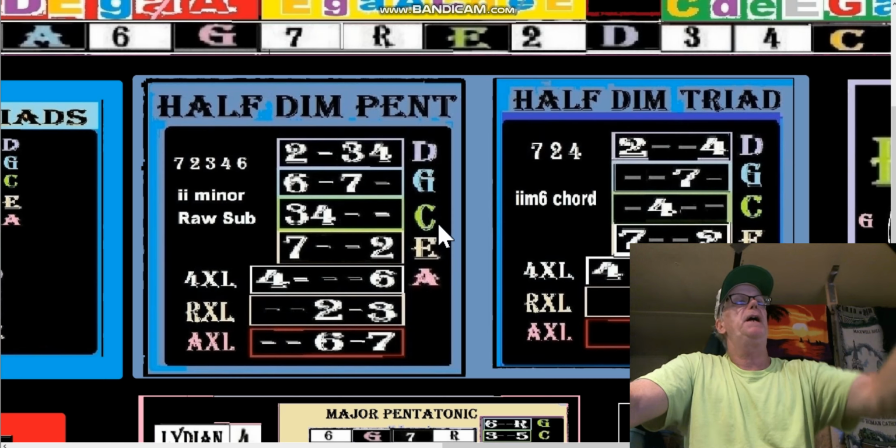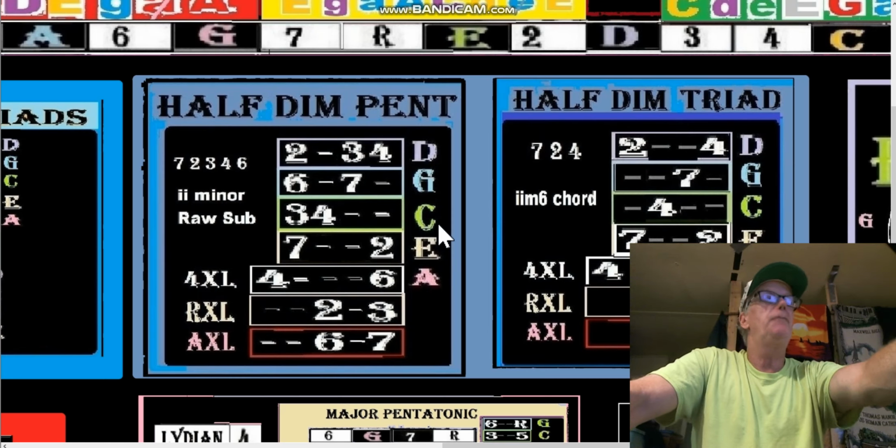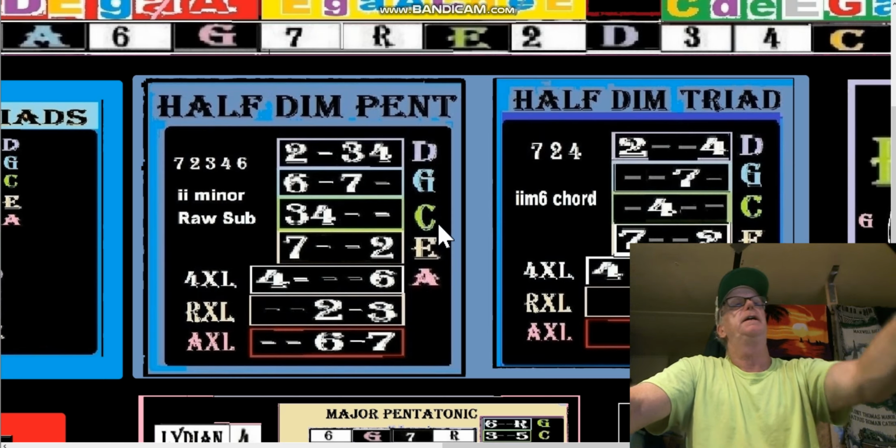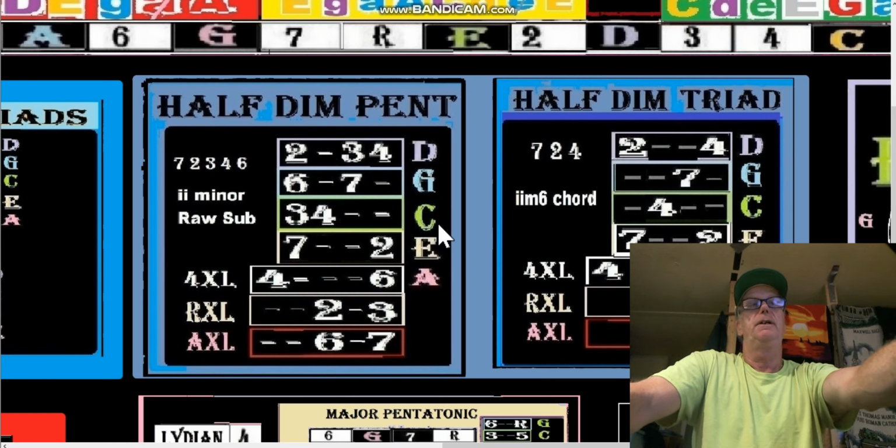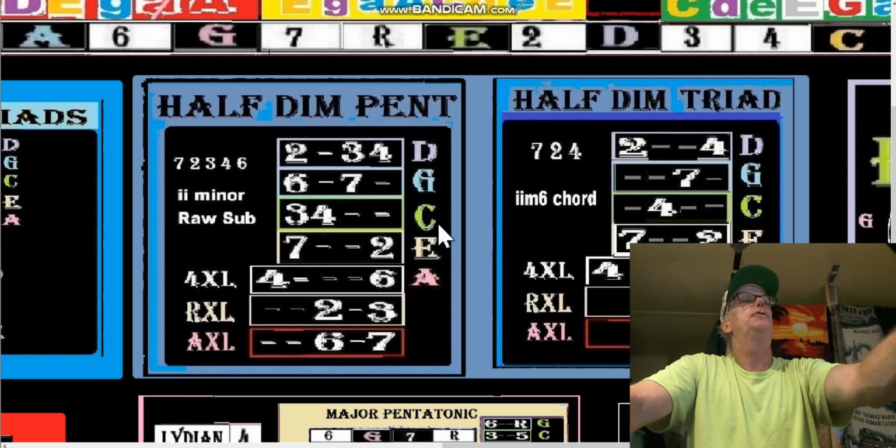Now the parent of the half diminished triad, I consider, is the second minor. So we just start on the seventh and play a second minor, kind of like a basic second minor pentatonic.